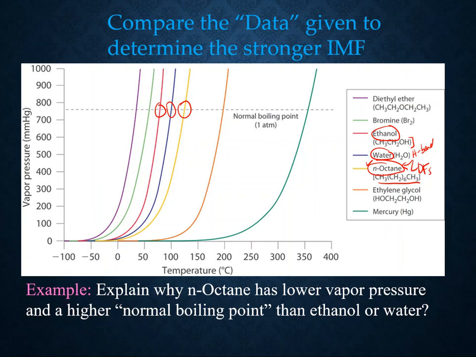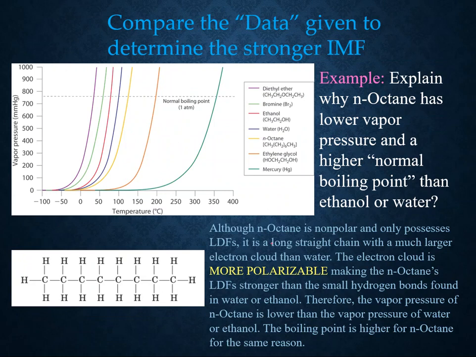Off of this data, it must be greater. n-octane is nonpolar and only possesses LDFs. It's a long straight chain, much larger electron cloud than water or ethanol. The electron cloud is more polarizable, making it have stronger LDFs, and that's going to show why the normal boiling point is higher and the vapor pressure being lower for octane, having stronger forces.